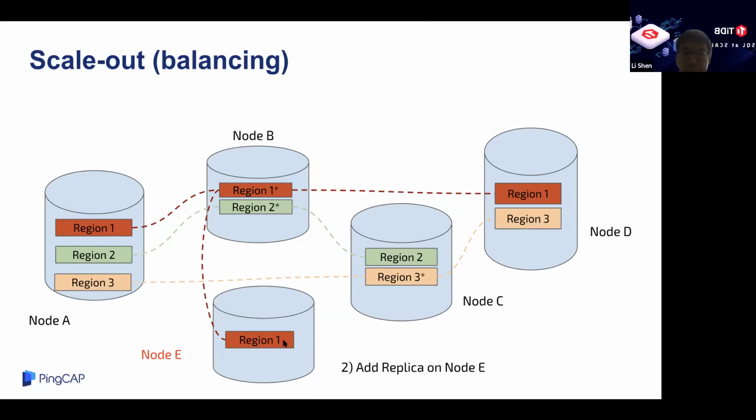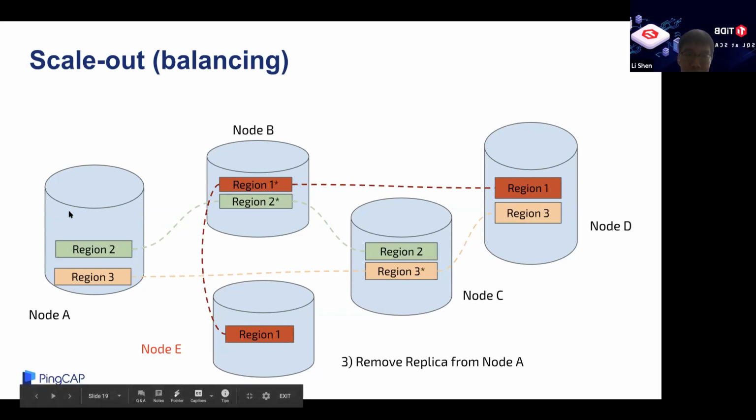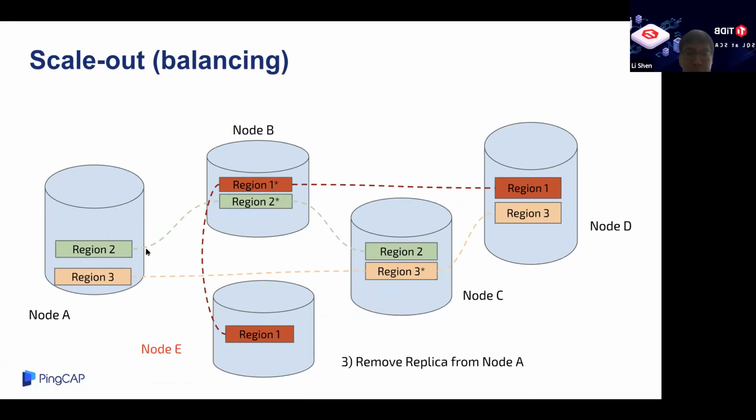After the replica is done, we will remove the replica from the original node A. In this way, when you add more nodes to the cluster, the TiDB cluster will do the load balance automatically.